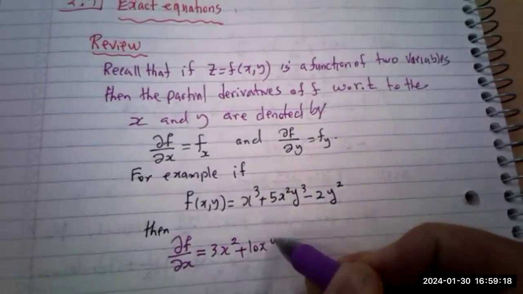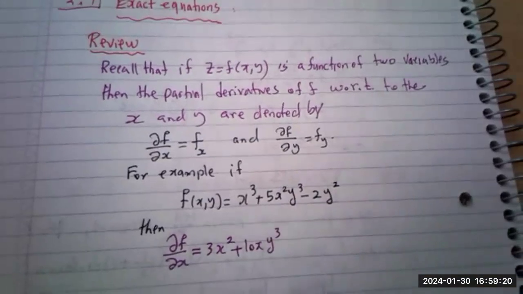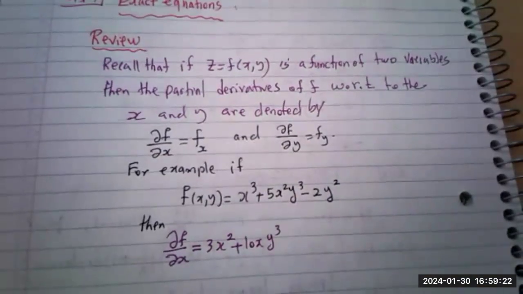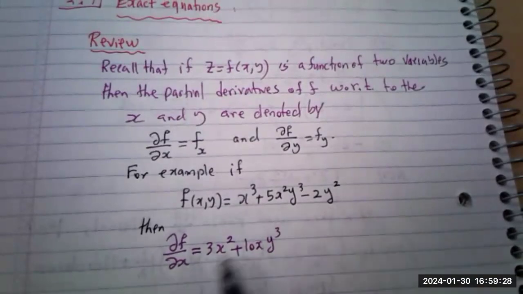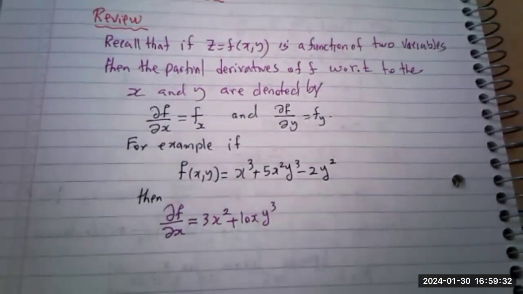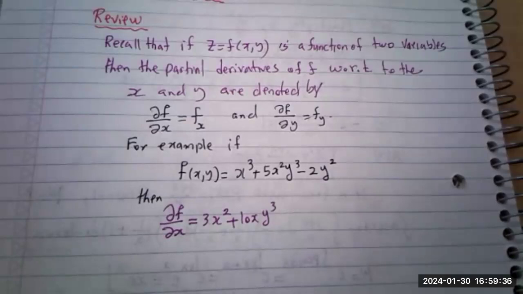That constant coefficient is repeated. Then we get to 2y squared. Since y is a constant, its derivative with respect to x is 0. So if the variable is isolated, the derivative is 0. If the variable is a factor, the variable stays as is. That is the derivative with respect to x.